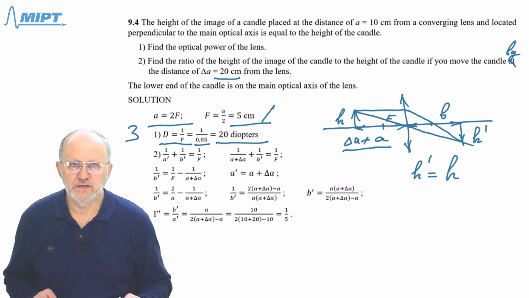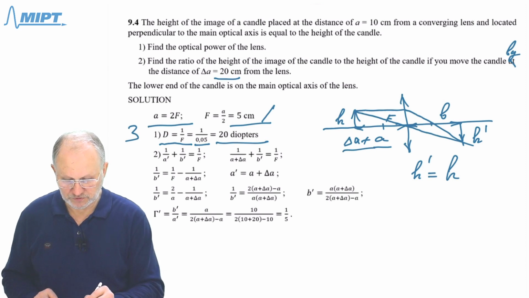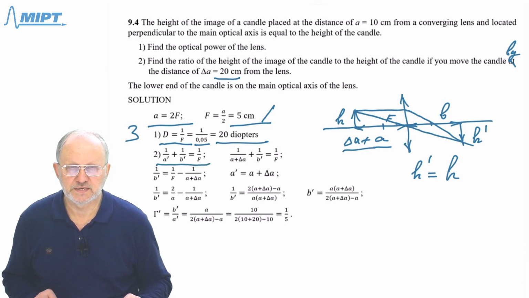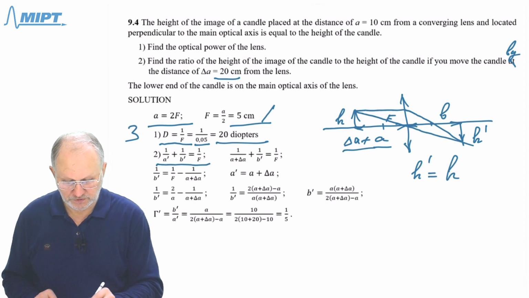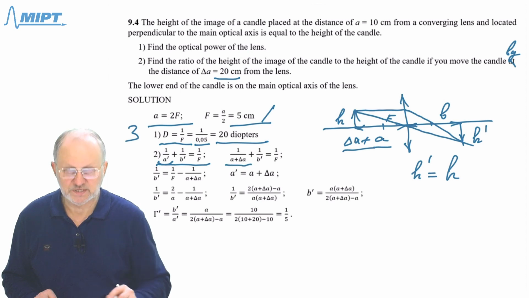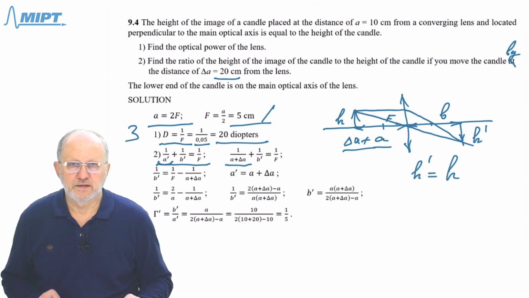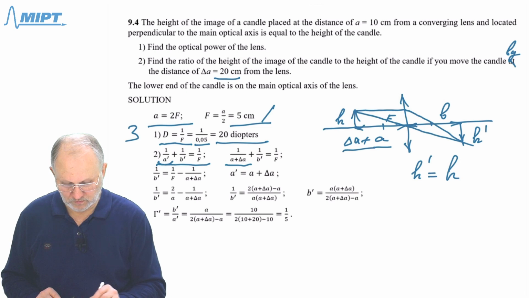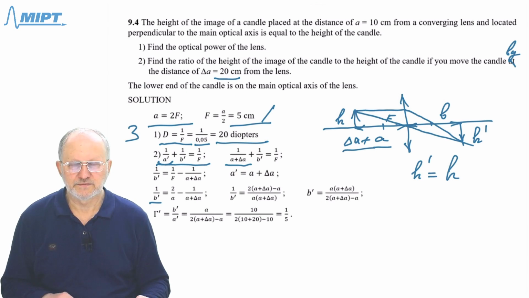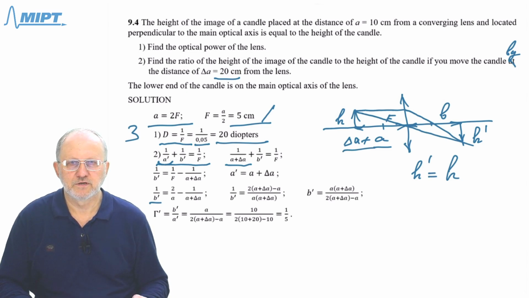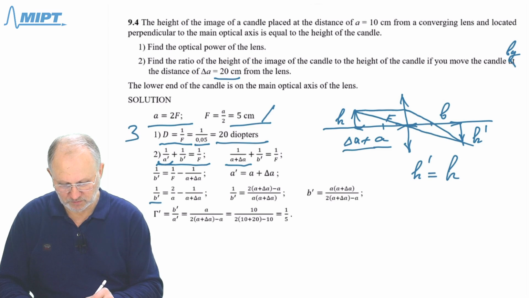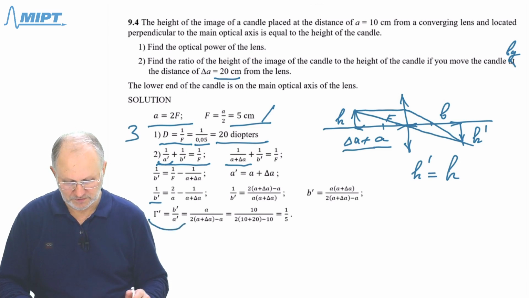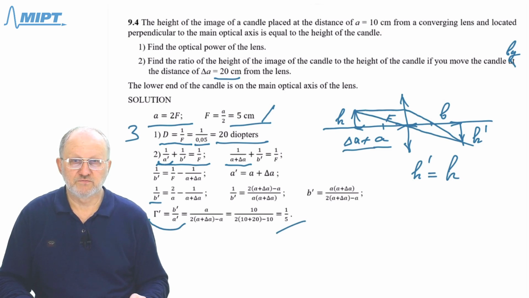So in this question we have to use the formula of the thin lens, and we have to take into account that the new distance equals a plus delta a. And so from here we can find all the necessary quantities, like b prime, the new distance, and then we can find the ratio of the height of the image to the height of the candle, which can be calculated using this formula, and the final result will be 1/5.